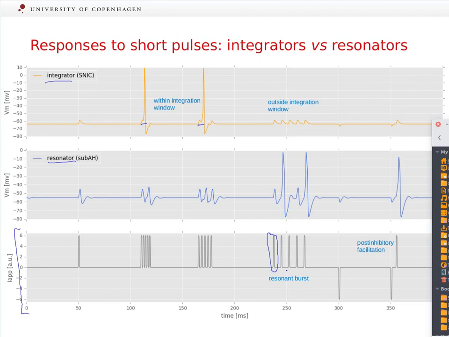The resonant burst of stimulation pulses does lead to action potentials or spikes because they're applied in the correct phase. We can also see another thing, which is called post-inhibitory facilitation, where a non-monotonic response from an inhibitory pulse actually drives the system towards the threshold and facilitates generation of a next spike.